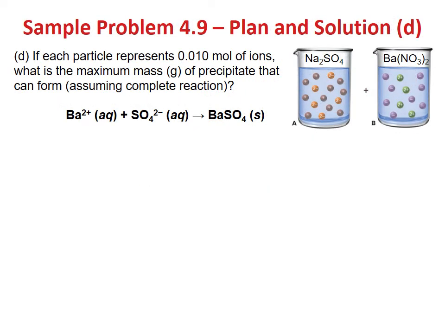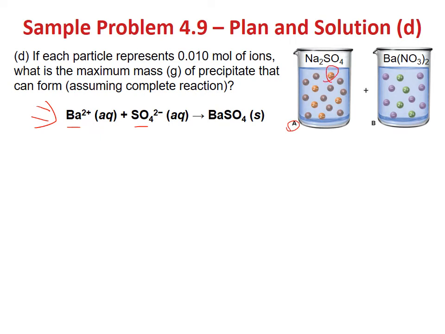Sample problem 4.9. If each particle represents 0.01 mole of ions, what is the maximum mass of precipitate that can form? So here is the net ionic equation. The reactants are barium and sulfate, and the number of moles of these reactants can be found from the beakers. For A, we can find sulfate, which has a 2 minus charge.